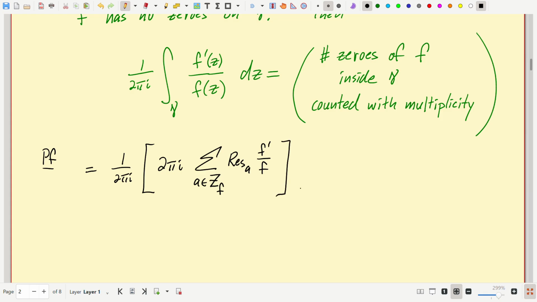And notice that the 2 pi i's cancel, and you're left with a sum as k goes from 1 to n of m sub k. That would be the multiplicity of the zero, the order of the zeros. These are the orders.